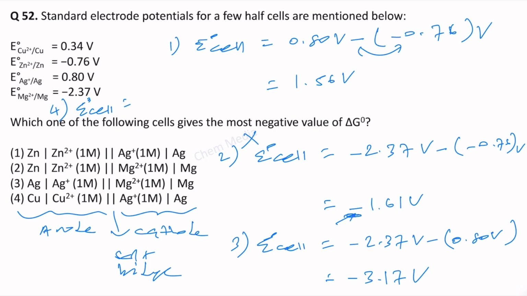So cathode 0.80 volt minus anode 0.34 volt. So this will be positive 0.46 volt. So here we have positive 1.56 volt, and then we will be multiplying with the 2 and then the Faraday constant. So this will be most negative. Therefore option 1 is the correct choice here.